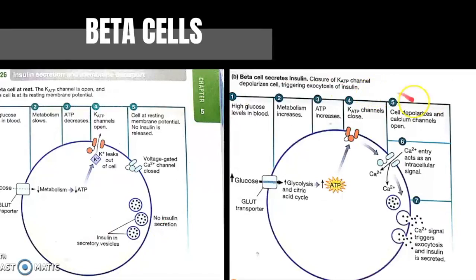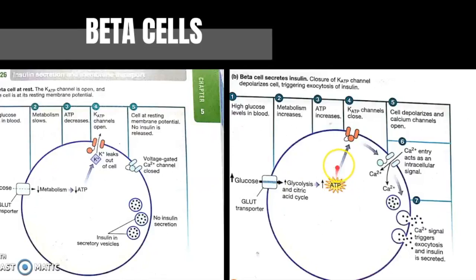If we come over here on the right, this is an example of when beta cells would secrete insulin. This would be triggered by depolarization of the cell. More glucose in the blood would increase metabolism. More glucose coming in here goes through glycolysis and the citric acid cycle, producing more ATP.